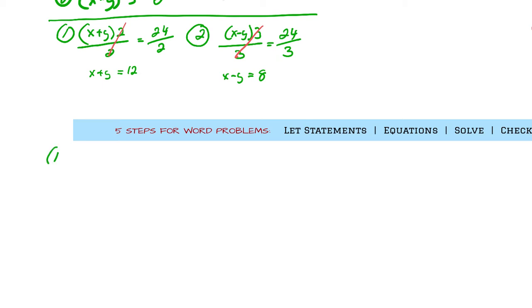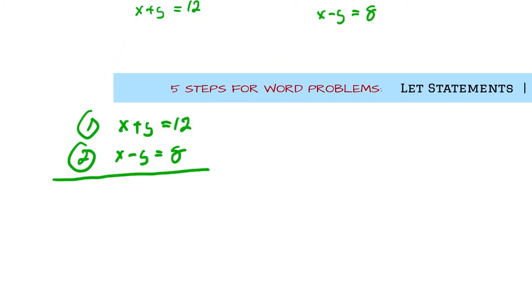Put those together now, stack them, and you can use elimination or substitution. And you might think, because you have variables hanging out by themselves, there's no coefficient in front of anything, that substitution might be the way to go.